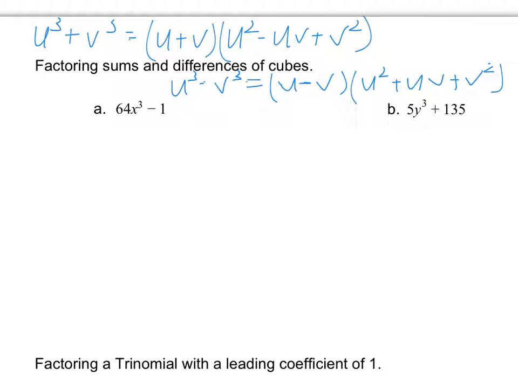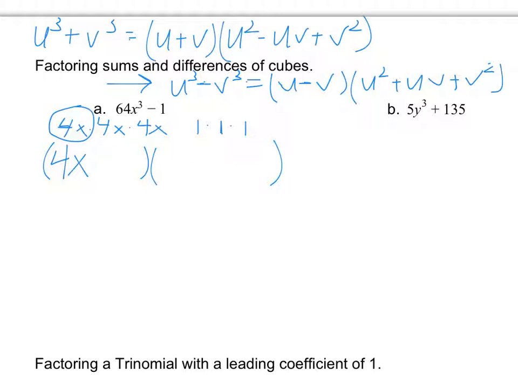So essentially what's happening is you have to have two cubes. So in A, 64x to the third is 4x times 4x times 4x. 1 is, of course, 1 times 1 times 1. So this is a difference, so we're looking at this second case here. I end up with two parentheses, one that's a little longer than the other, and I'm going to take one of the first things and one of the last things, and I'm going to keep the initial sign, which is the minus.